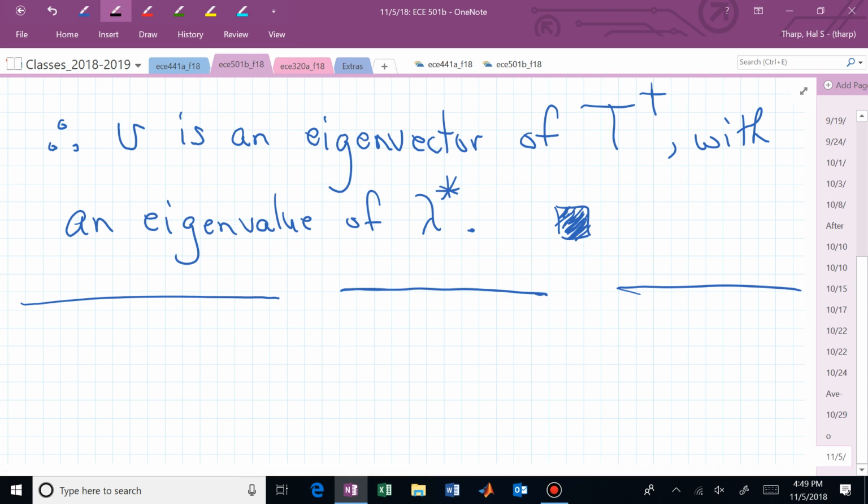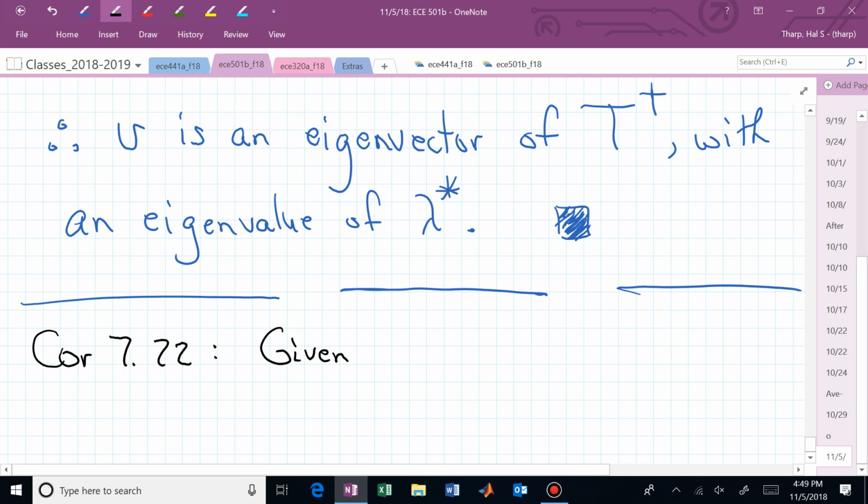So we're looking at more specific or more particular kinds of operators. So now let's look at another corollary. Corollary 22. Suppose we're now given that T is a linear operator and it's normal.